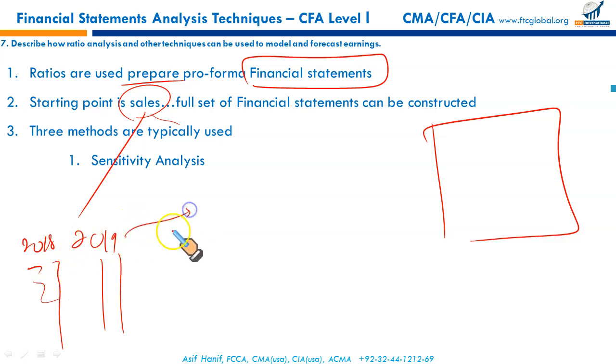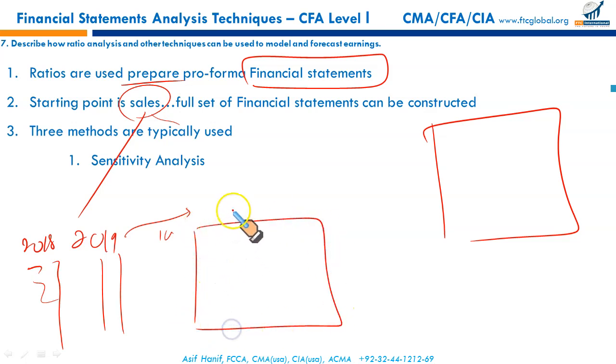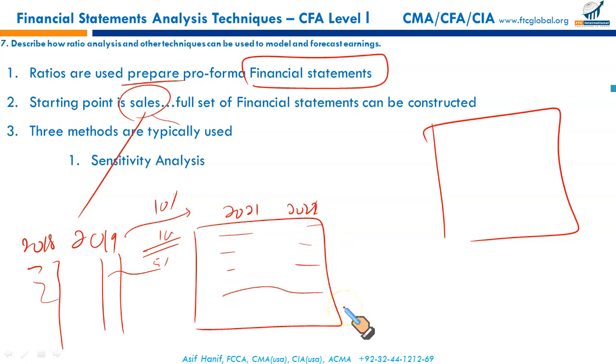We can expect a certain sales growth over the period, and these percentages then can be converted into an actual dollar-based income statement, budgeted one for 2021 or 2022. Keeping certain assumptions, because whenever you prepare budgets and forecasts, there are certain assumptions: we expect the sales to grow by 10%, CGS we expect to grow by 5% of the last period. So we can come up with the dollar-based financial statements and see how things move in the future. Projections.